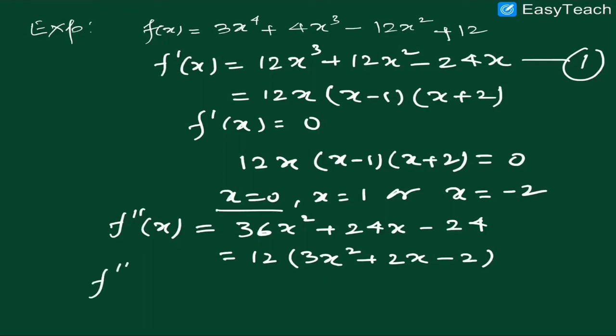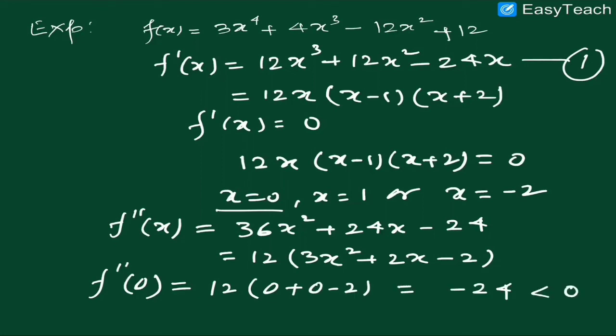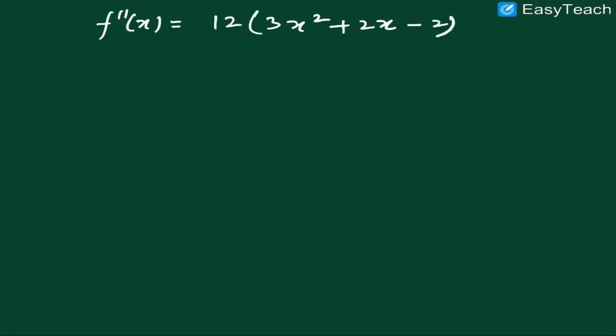Now check the sign of f double dash x at the point x is equal to 0. So we put x is equal to 0 in this f double dash x, means f double dash 0 is equal to 12 into (0 plus 0 minus 2), which is equal to minus 24, which is negative. Therefore 0 would be the point of maxima.